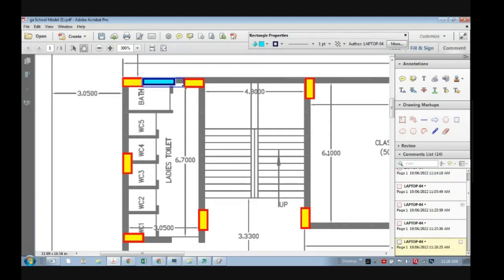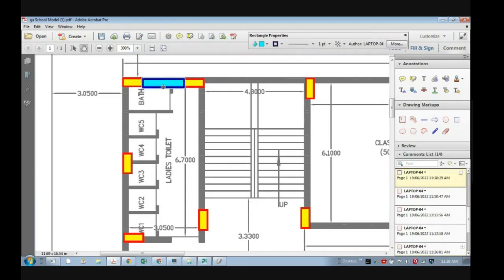So this is the first beam, let's say. Then the next beam. We will put it. So it's very easy actually. This beam is possible. We will provide one beam over here.